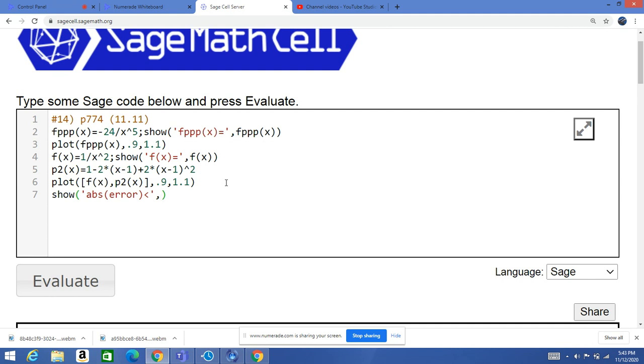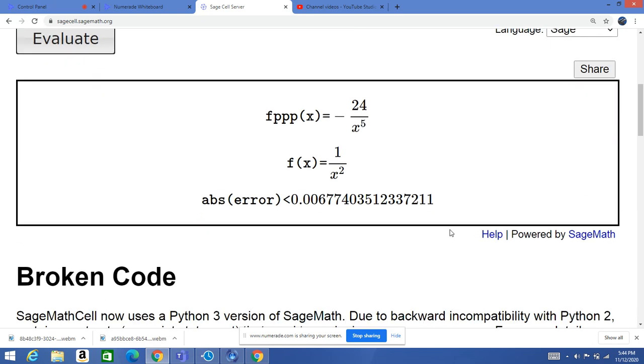It's the absolute value of f triple prime at 0.9 times x minus a, but x is 0.9, a is 1, to the third, over 3 factorial, which is 6. All righty. Let's see what that is. All right, so the error is less than that.